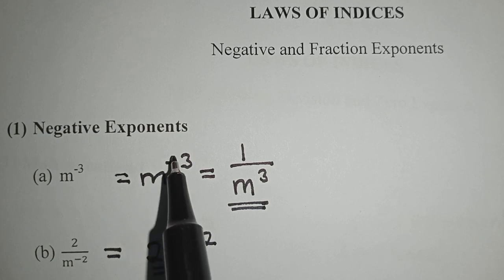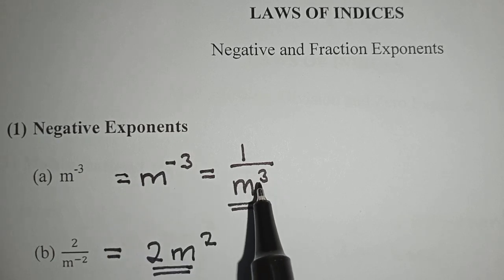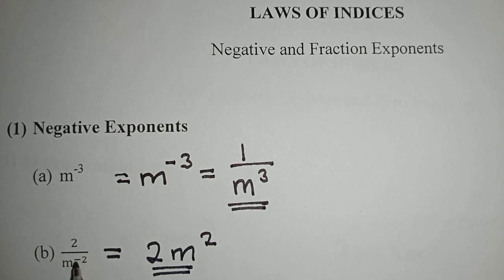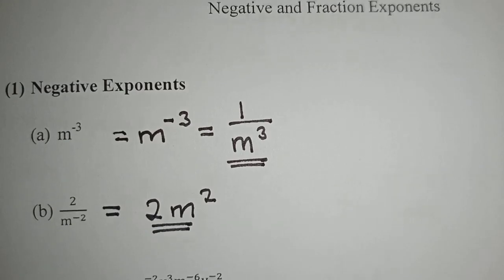So we have to take it below, you let it become a denominator, and you change the sign from negative to positive. It was negative. For this one, also take it up, okay? Don't do anything to the constant, just the variable. Take it up and change the sign of the power, okay?